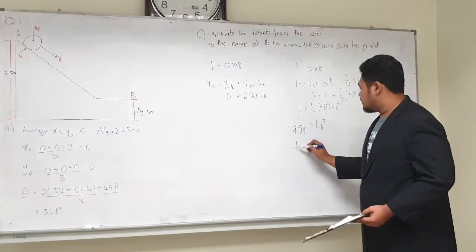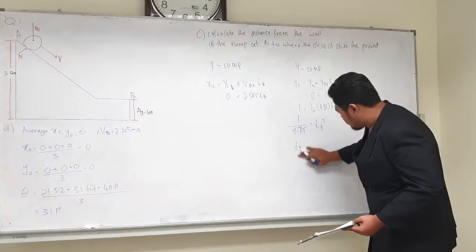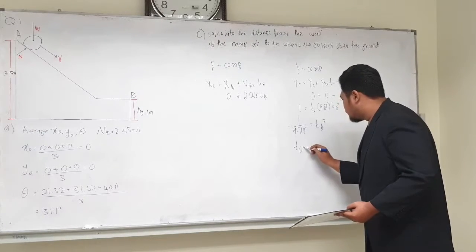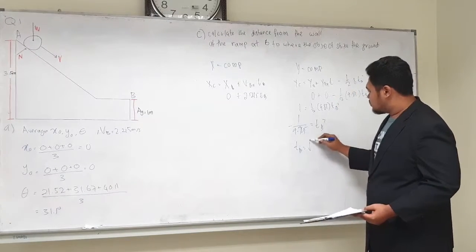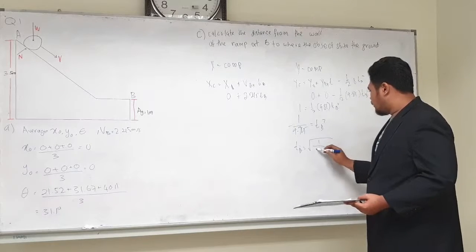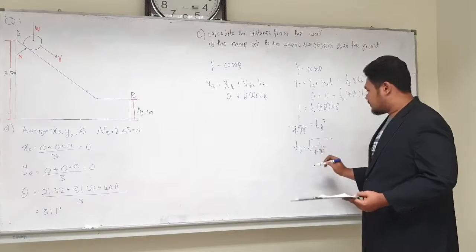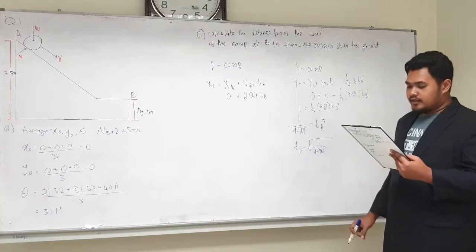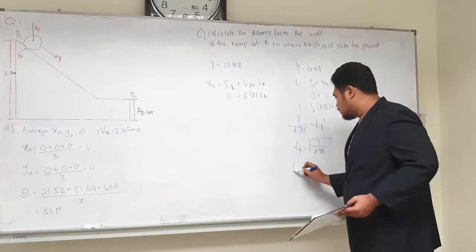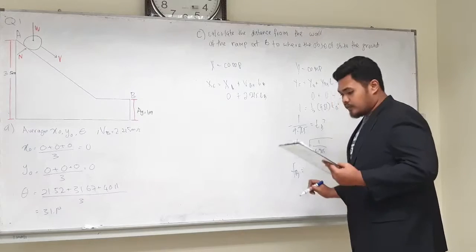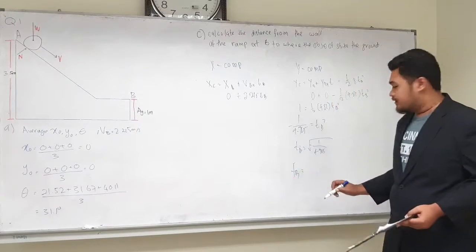From this equation, tb is equal to the square root of 1/4.905. Finally, we get that tb equals 0.4515.